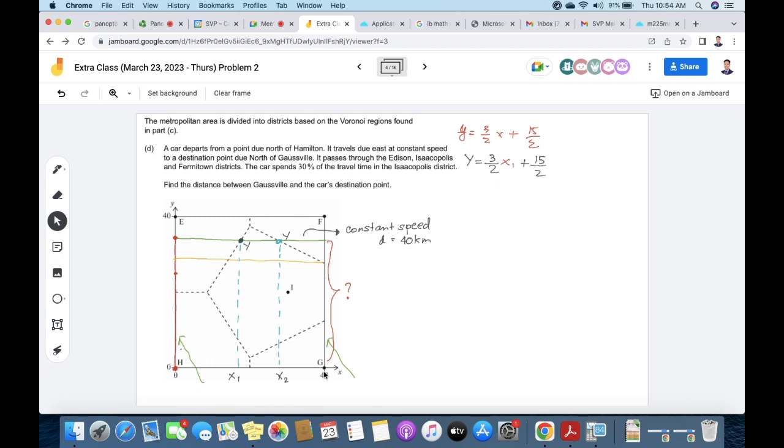So I can just write it as y equal to 3 halves of x sub 2 plus 15 over 2. All right. So here we were able to create two equations by which we can solve for the vertical distance. And the vertical distance is simply your y. All right, stop for a while, try to understand, and then ask questions if you have confusions.